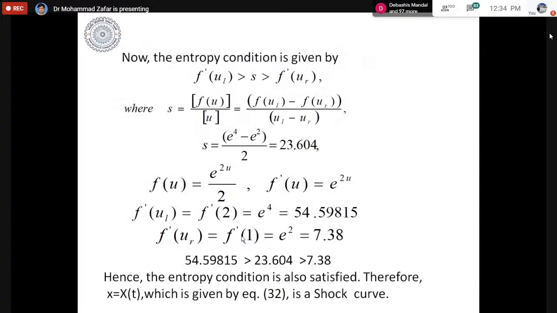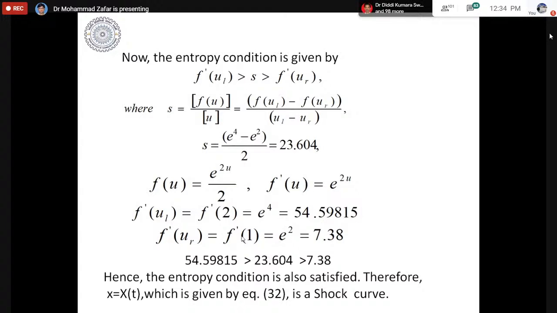Let us proceed to the next slide. Now, very important. We are still not sure whether the discontinuity curve is a shock curve or not, because we have only shown the RH conditions. The entropy condition we have not shown yet. Let us verify whether the entropy condition is also satisfied.